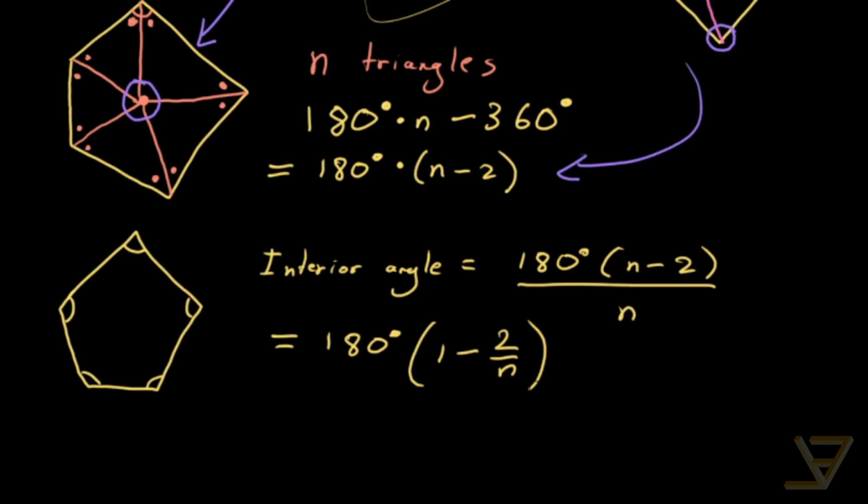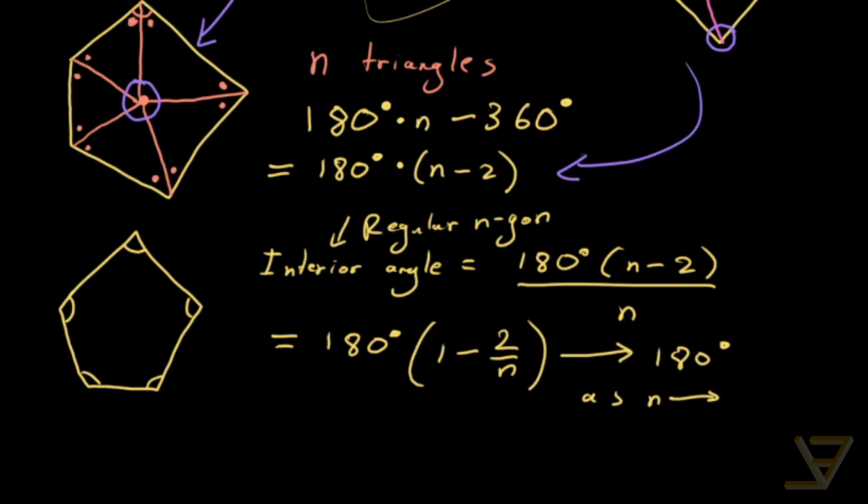So that's the formula for individual interior angles of a regular polygon. And notice that as n goes to infinity, this goes to 180 degrees. This means that the more sides we add and the closer we get to the regular polygon being a circle, the interior angles get closer and closer to being 180 degrees.